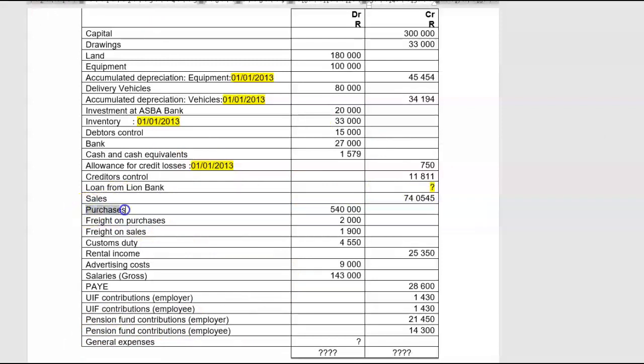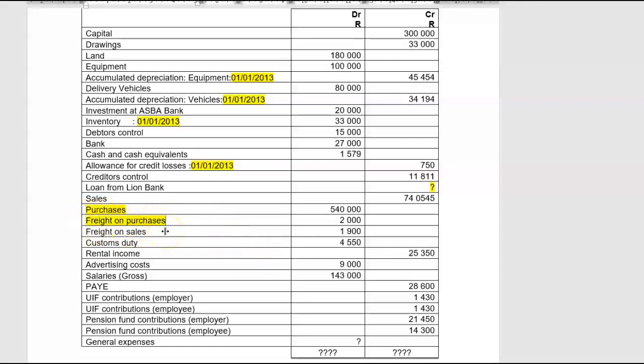Sales, and here our thoughts about the periodic inventory system are confirmed. Here we see we have a purchases account, and in that purchases account we know that we are going to account for all purchases for the year of inventory items. Then we have a purchase-related cost here, and in all periodic inventory systems we know that all the additional costs associated with the acquisition of an inventory item will have their own account in the general ledger.